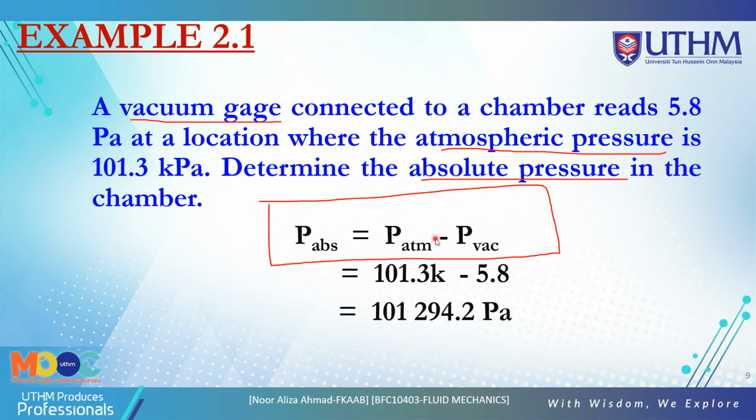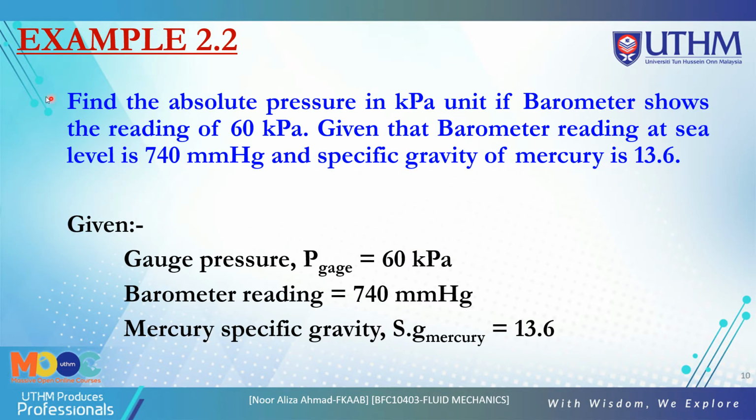vacuum are. Now we look at example 2.2. Find the absolute pressure in kilopascal if the barometer shows a reading of 740 mmHg at sea level. This is a barometer reading based on mercury, as Hg, and you are given the specific gravity of mercury.